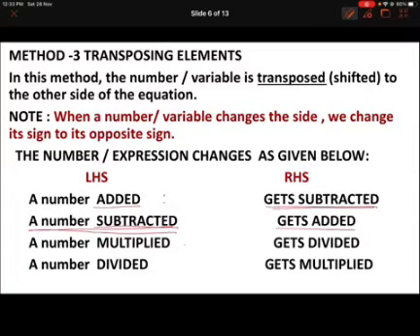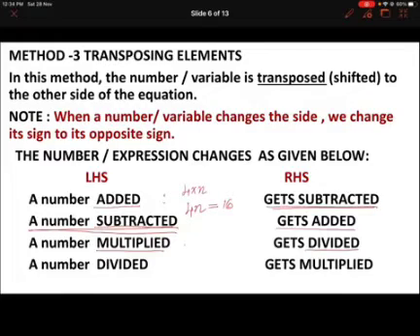Now, what is the next case? If a number is multiplied, when it shifts side, it gets divided. Simple. Let us say 4n equals 16. Here we discussed previously that 4n means 4 into n.